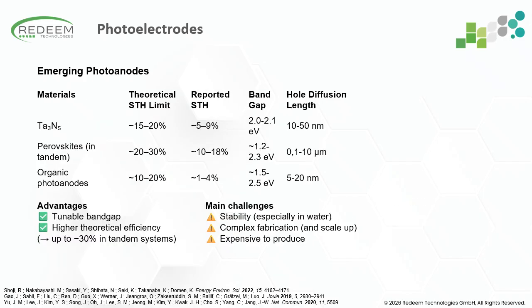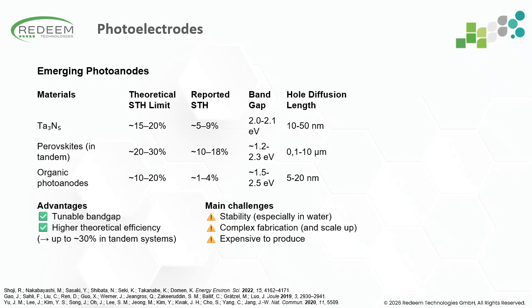Here, on the other hand, we have some of the emerging photoanode materials that have attracted interest in recent years. Compared to the classical metal oxides, many of these materials offer more favorable band gaps and therefore much higher theoretical efficiency. Perovskites in particular have achieved very impressive performance in tandem devices, and they benefit from exceptionally long charge carrier diffusion lengths.